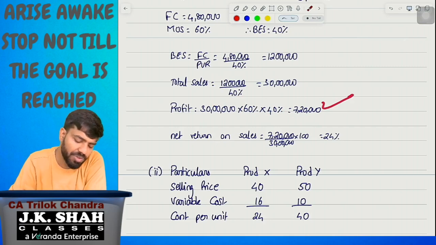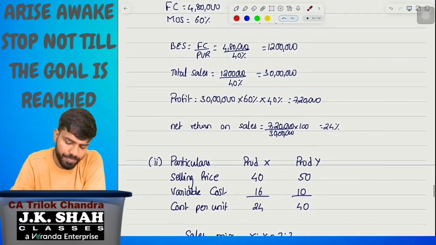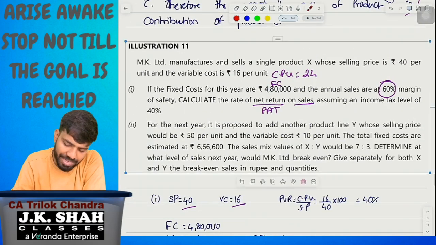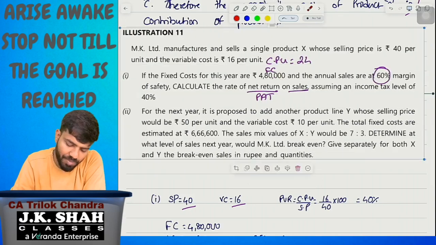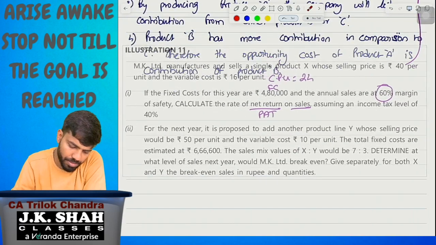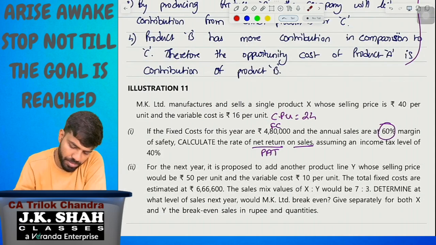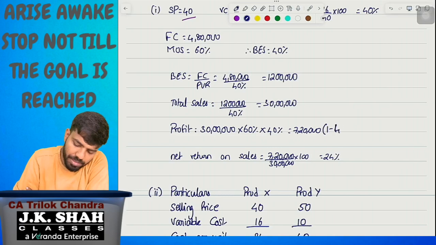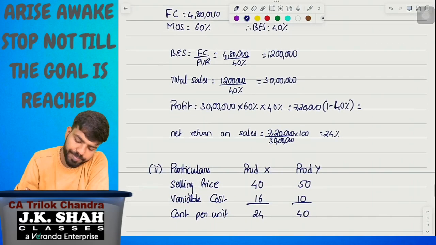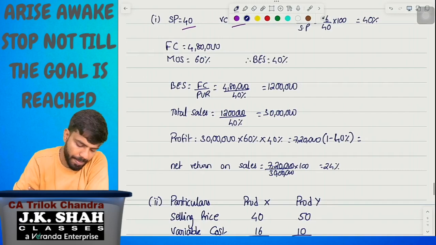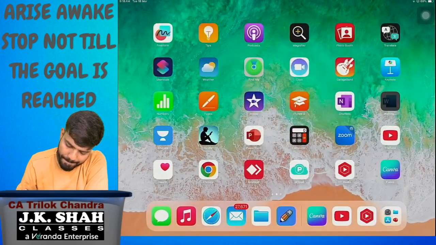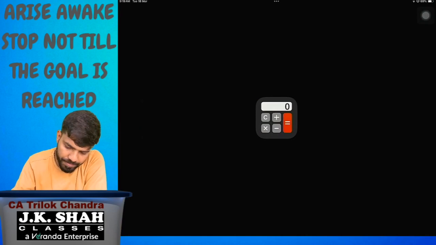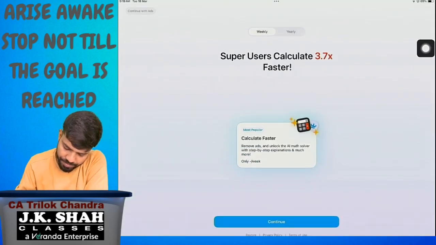Now we know the profit, 7,20,000, and here one more point, they have given the tax rate. What is the tax rate given? Income tax rate is 40%. Let me write that. 1 minus 40%, which equals to... just a second, I'm opening the calculator.